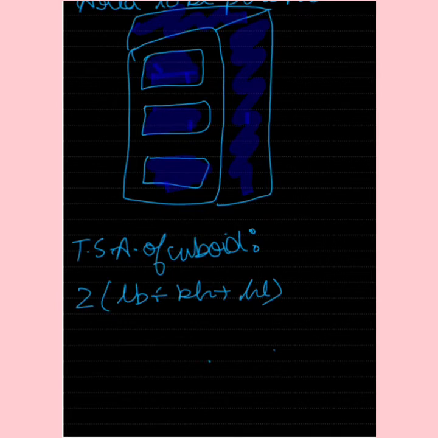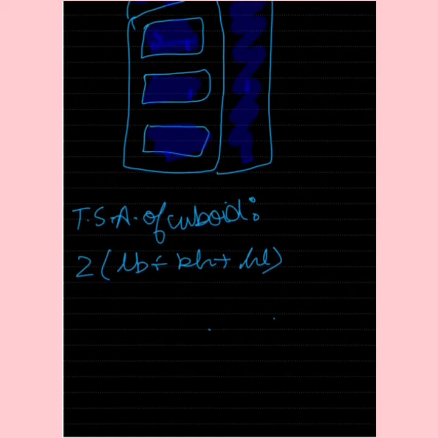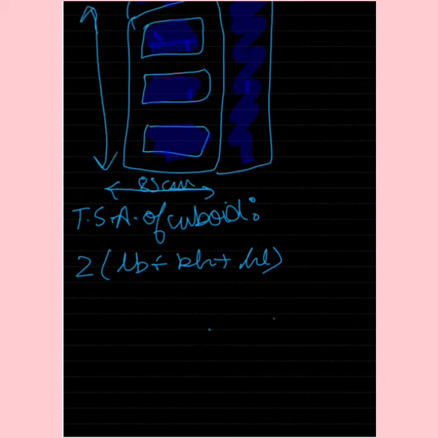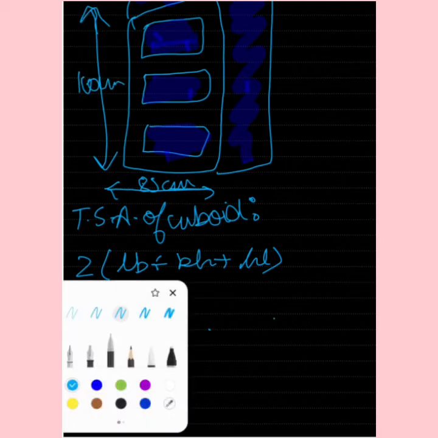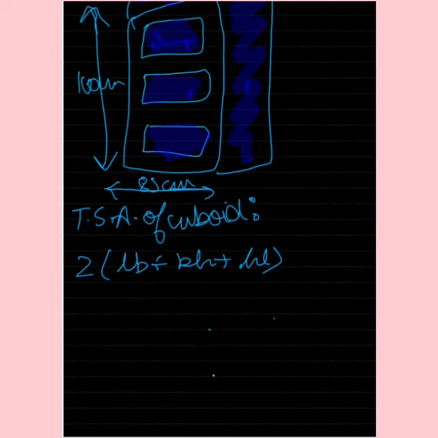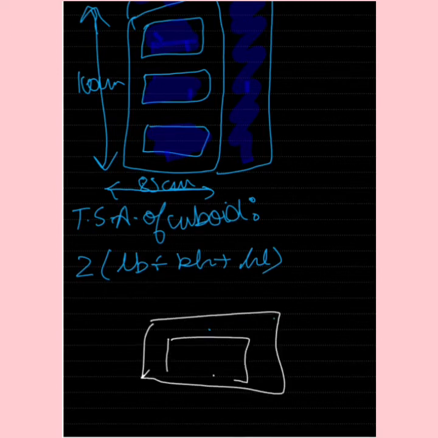Now what we have to reduce is the area occupied by the front face of the drawer. Now for that we need to find the dimensions of the drawer. Now we are given that this is 85 centimeter and this is 110 centimeter. Now see, suppose this is the outer face and this is the inner face.